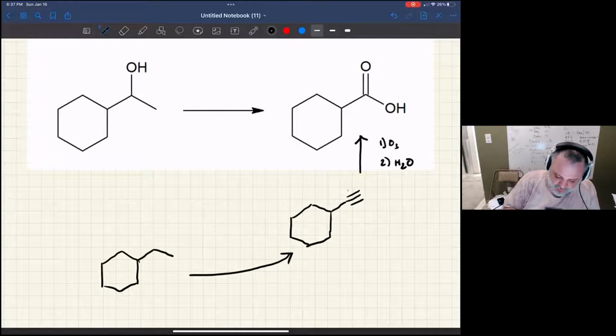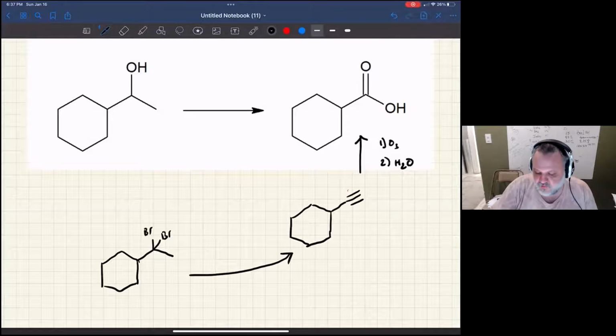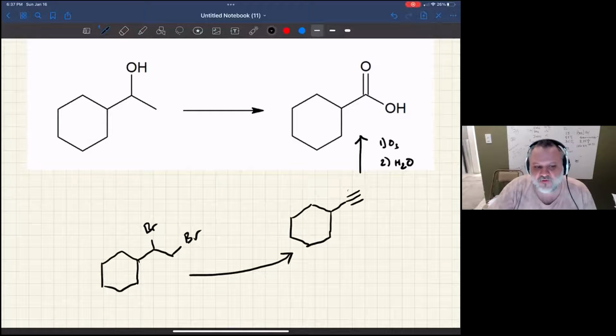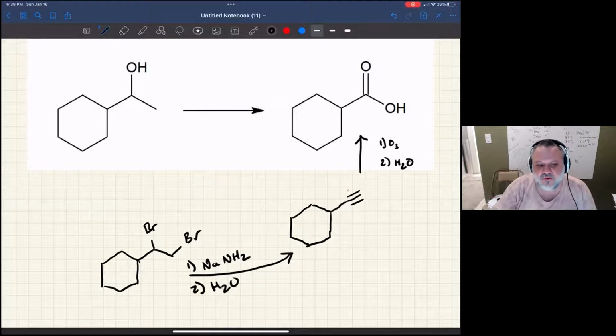I could have eliminated 2 bromines here, but it's much more difficult to put 2 bromines on the same spot than it is to put bromines across from each other. And so I could do this with some sodium amide, but since it's a terminal alkyne and I need to do another reaction with it, I'll have to reprotonate it, because if I don't, it'll stay an acetylide ion.